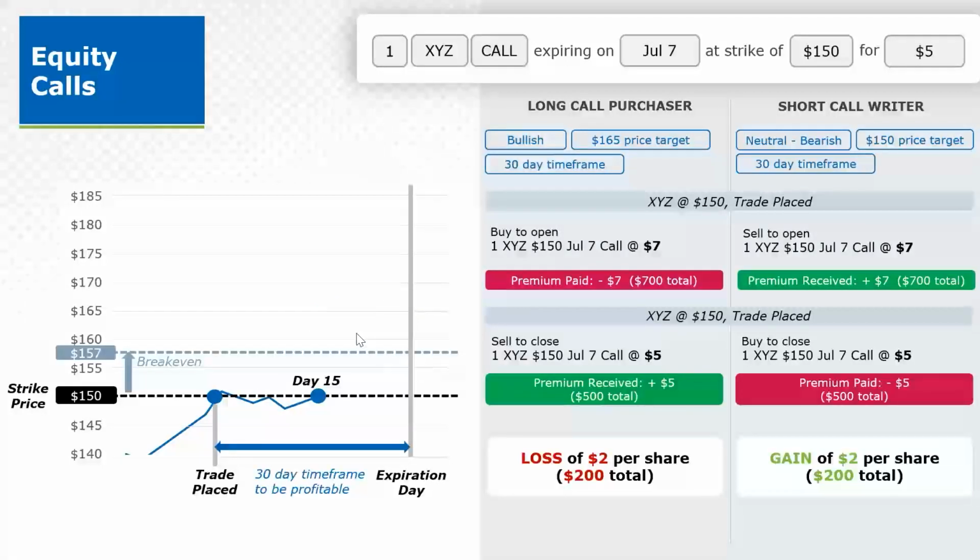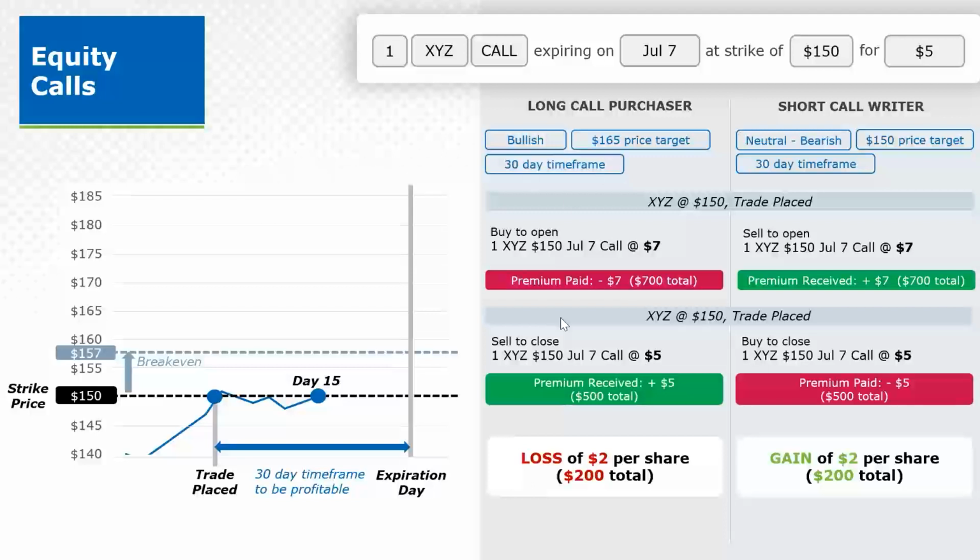Okay, moving on to another example here where, at day 15, so halfway through the time period for this trade, the underlying stock is still trading at 150. So it's at break even. What happens here?